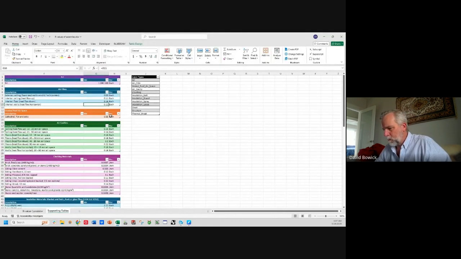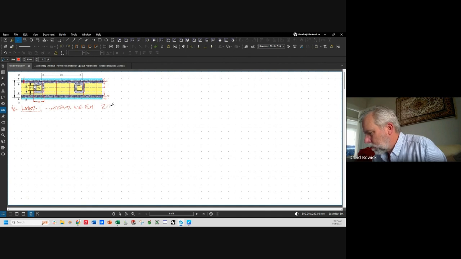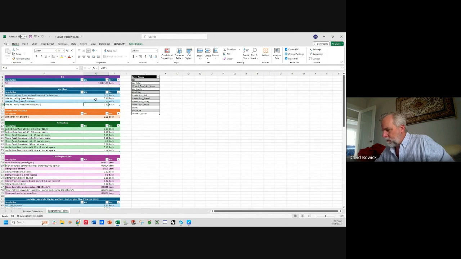Okay, R 0.12 for interior wall. And this is the RSI. We're going to come back here and look at the defined units.